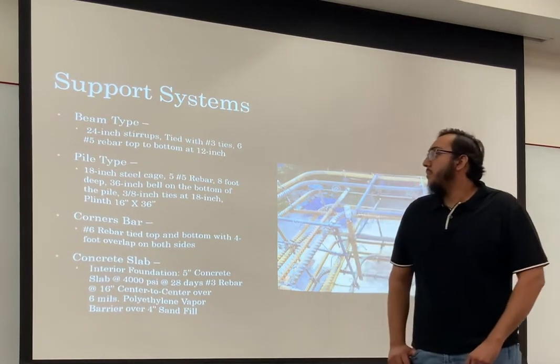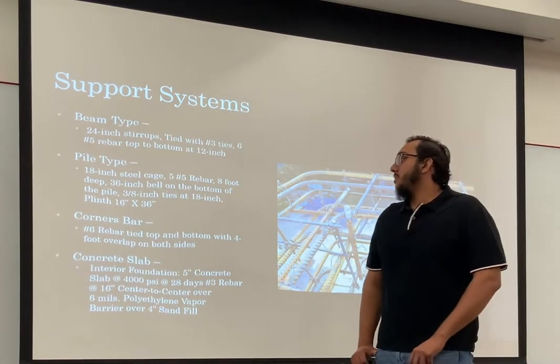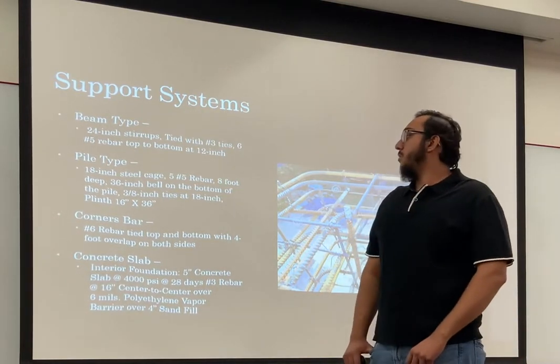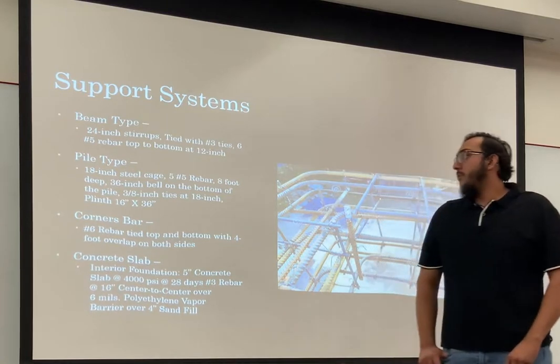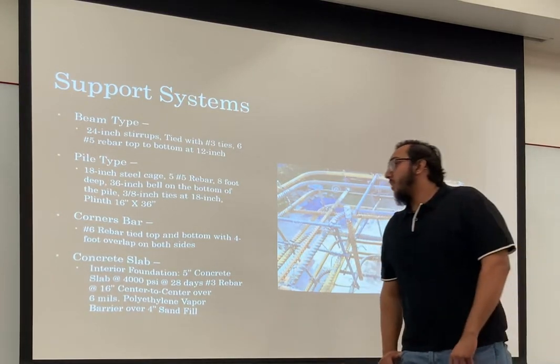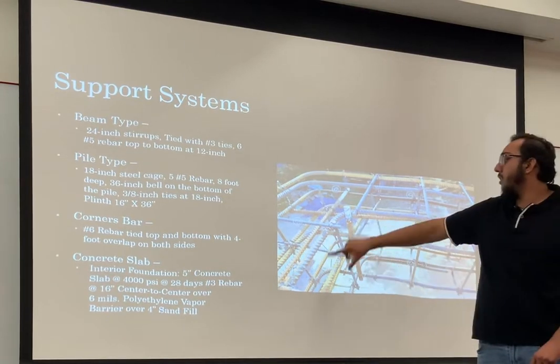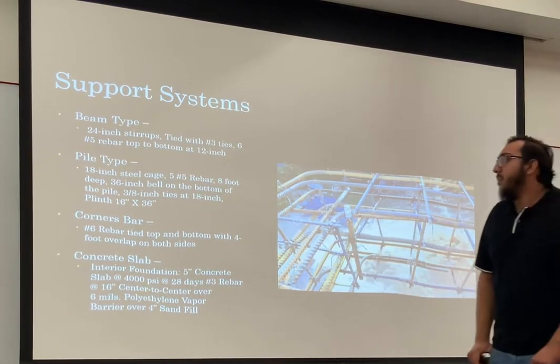Corner bars are number 6 rebar tied top to bottom with a 4 foot overlap on both sides. As you can see over here, these are the corner ones that they use. They're like L brackets basically.